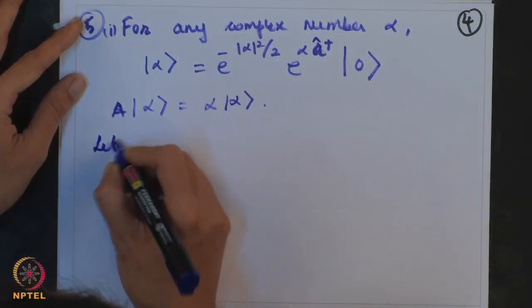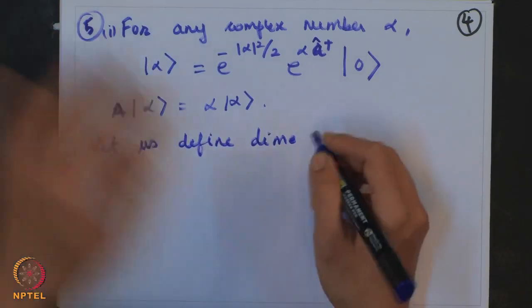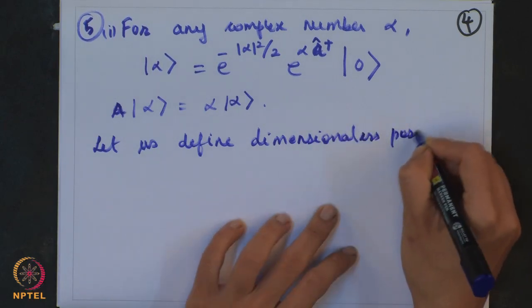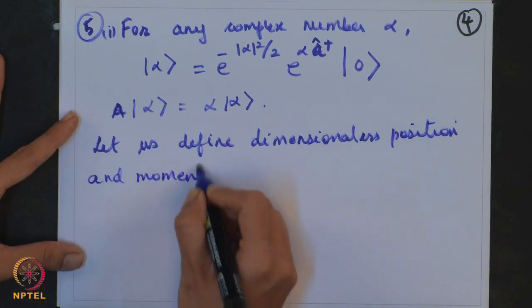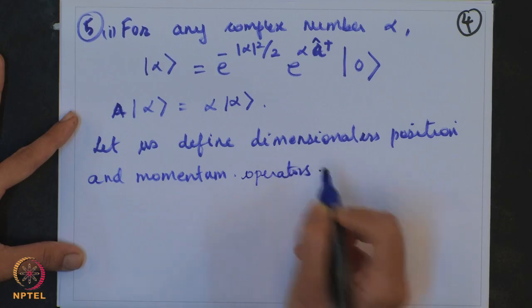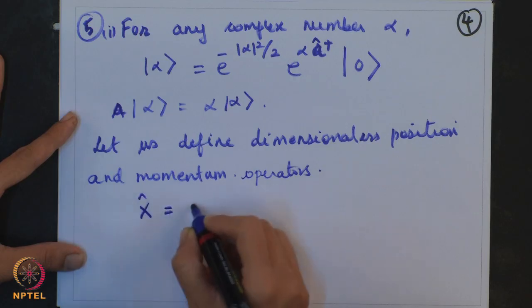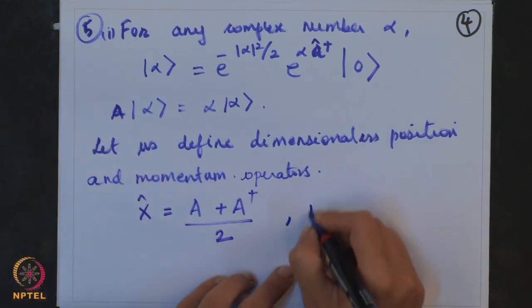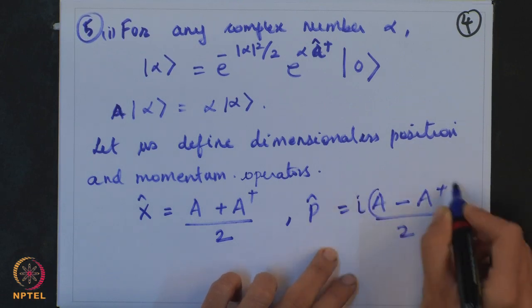So, let us define dimensionless position and momentum operators as x equals A plus A dagger by 2 and p as A minus A dagger by 2i.